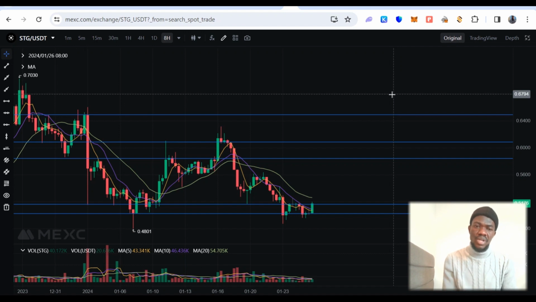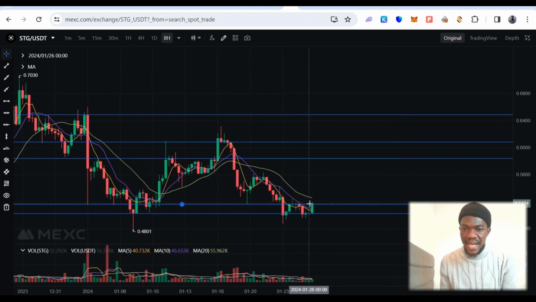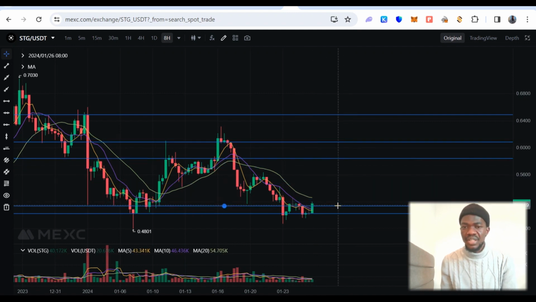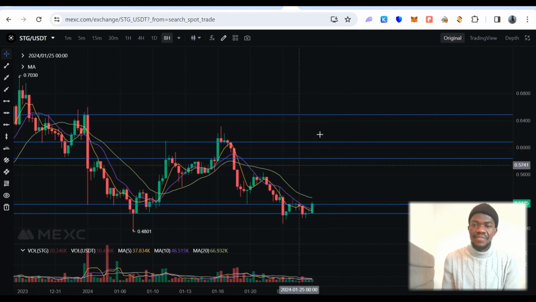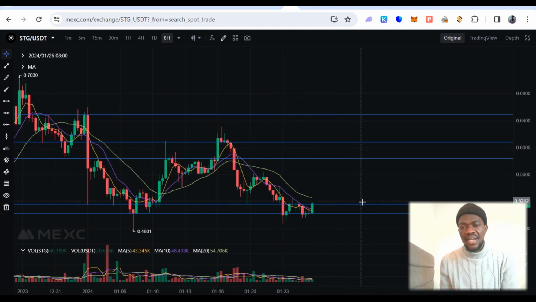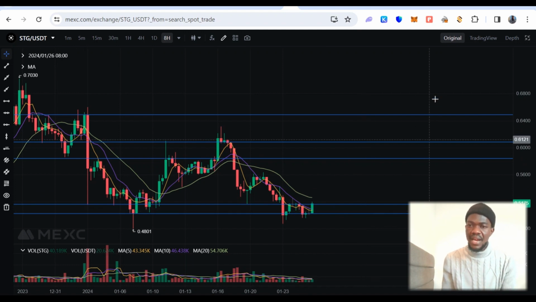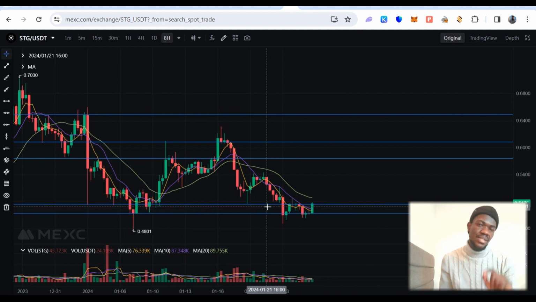So if you use $100, for instance, and buy at this spot, and this entire market goes up to this point, you can make maybe $10, $20 from it. I'm just using it as an instance. So you can sell off and allow this market to come down again. You buy back with $120. Allow this. So in a very short while, you can turn your $100 to $1,000 without stress.